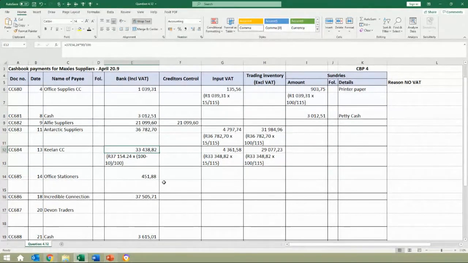Then on the 14th, we've got a cash purchase of pens, which goes to postage and stationery. Okay, so let me ask you a question. Do you think we can claim VAT on postage and stationery? Yes or no?